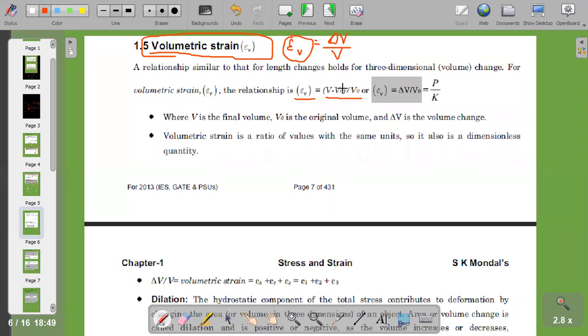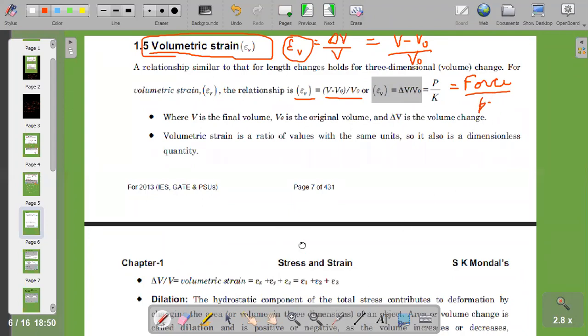EV is V minus V naught by V naught. Change in volume means final volume minus initial volume divided by initial volume V naught, which is also given by P by K. P is the force and K is the constant for the volumetric strain.